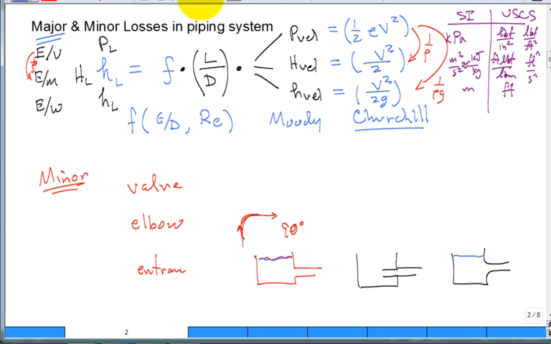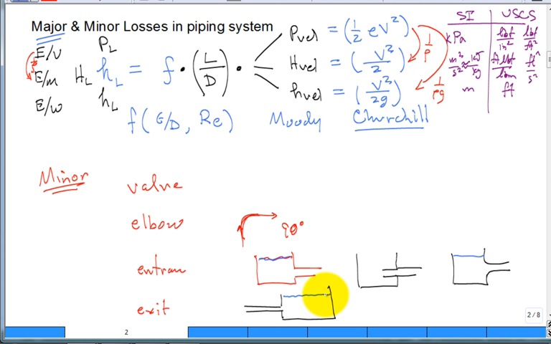And then there's another one that's worth discussing, not an entrance but an exit. If I have fluid flowing in a pipe and I need to push it into a tank, I dump it into a tank. In that tank, the fluid at the discharge of that pipe is submerged.